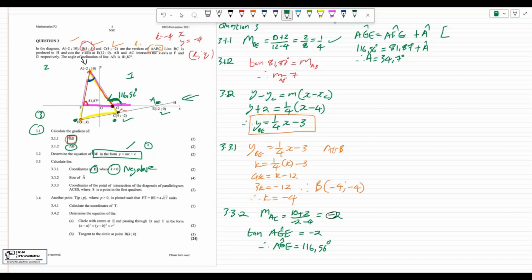Very important here to put a reason: exterior angle of a triangle is equal to the sum of the interior opposite angles. Right, and that's how you get your angle there.